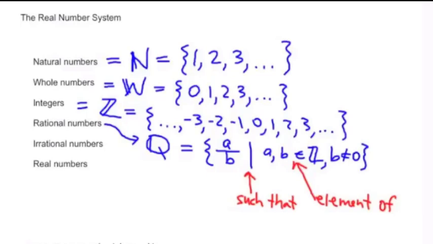Let me do an example quickly. If I look at the number 5, since I can write 5 as 5 over 1, it would be considered a rational number because I can write it as a fraction with integer top and bottom, or I could write it as 10 over 2. There are lots of different ways I could write 5, but it would be considered a rational number.